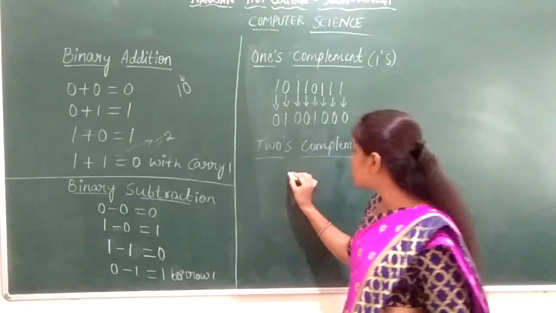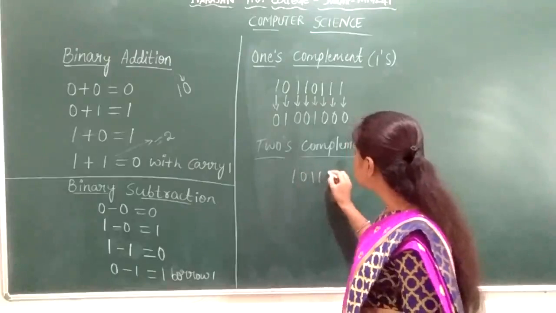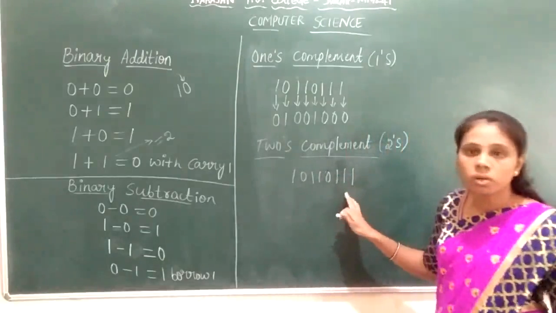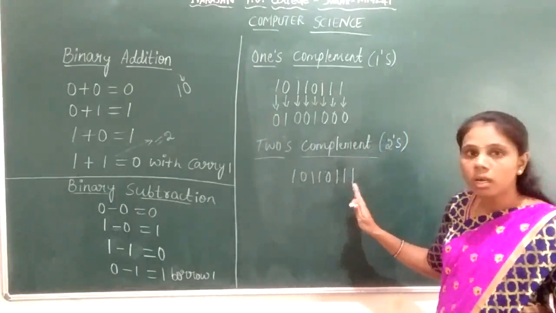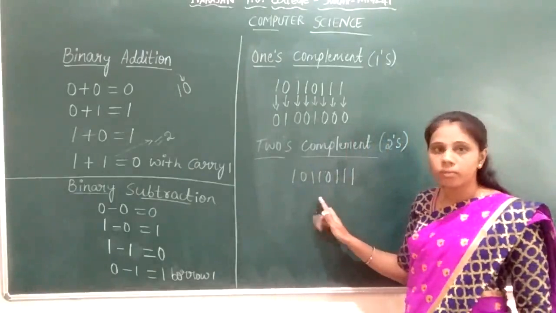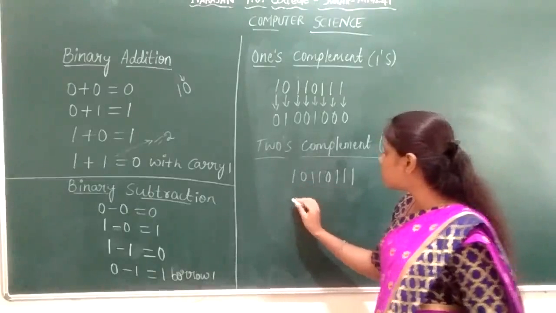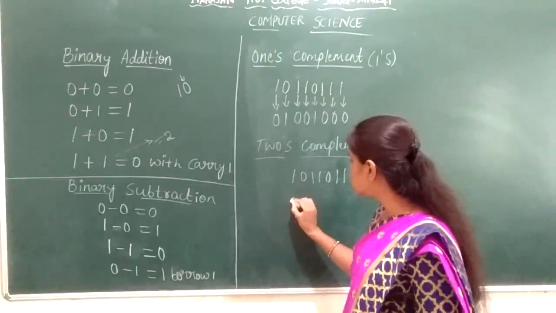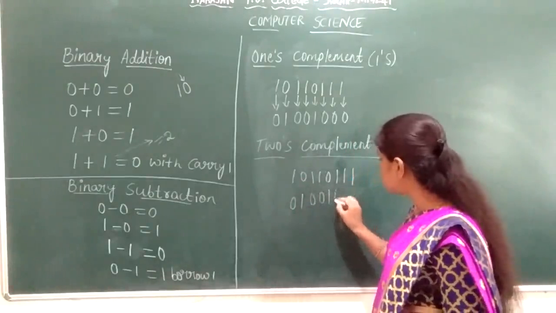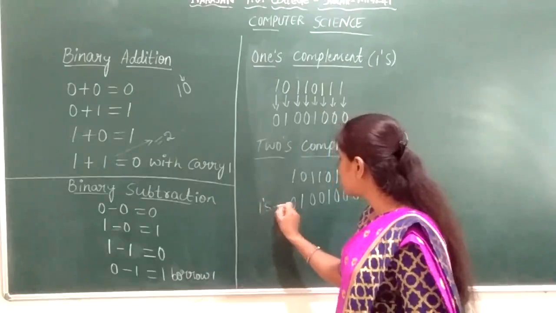See, consider this example. We will take the same example 1 0 1 1 0 1 1. Now you need to convert this to 2's complement. You need to find the 2's complemented value for this. What you should do is first find the 1's complement. What is the 1's complement for 1 0 1 1? See, 1 is changing to 0, 1 0 0 1 0 0 0. So this is the 1's complement.